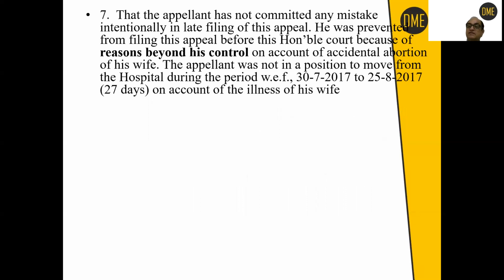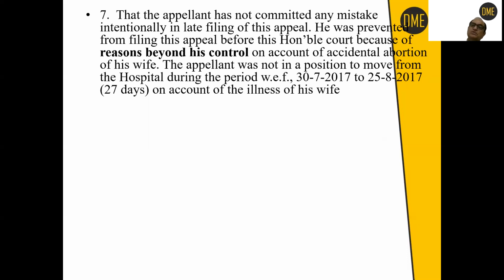Now you see, there is no mistake on the part of appellant, but this fact you will have to mention in the application, that the appellant has not committed any mistake intentionally in late filing of this appeal. See, the appeal is filed on 26 August. Period of limitation was 30 days, and 30 days has already expired.